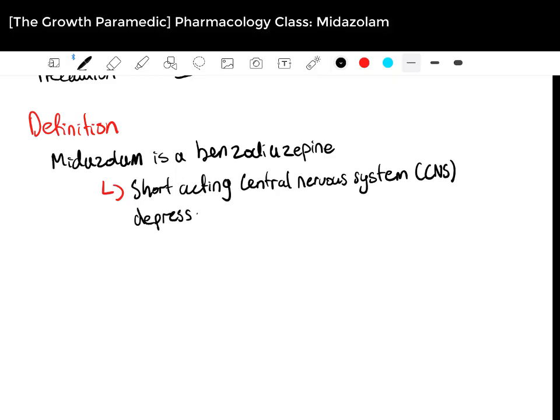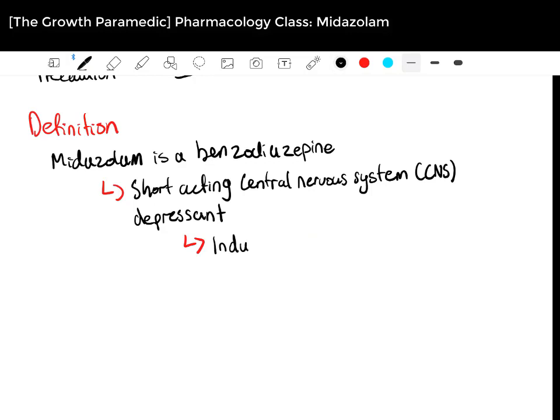Now I realized when I was writing cursive it was quite messy, so to make it look nice to the eyes I'm not going to be writing cursive anymore. I'm going to be writing in a very simple method. So Midazolam is a benzodiazepine. It's a short-acting central nervous system depressant, and we'll go through what a depressant is later on, but because of this is the effect it has.